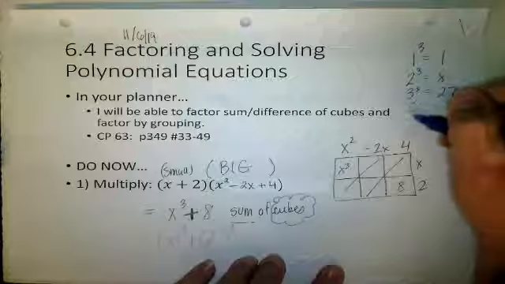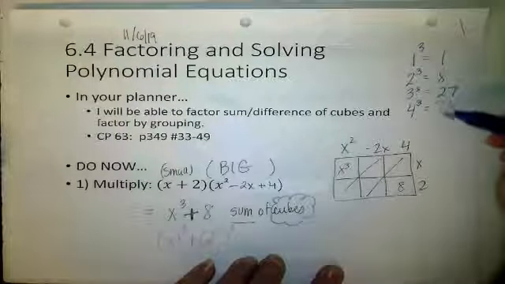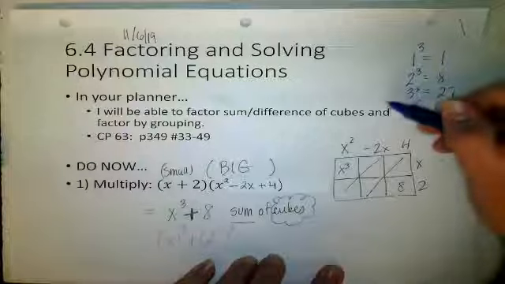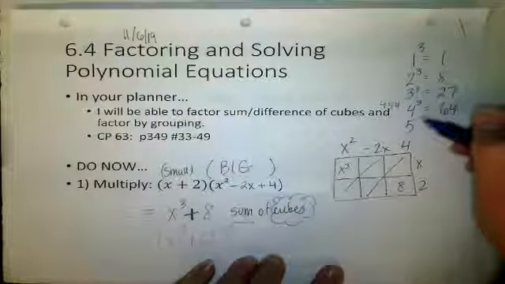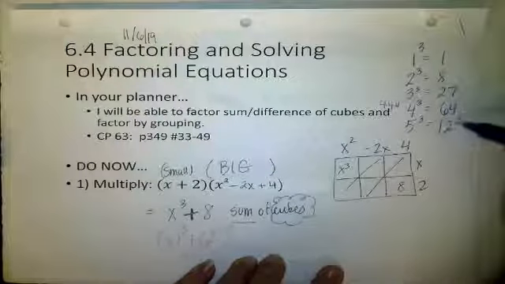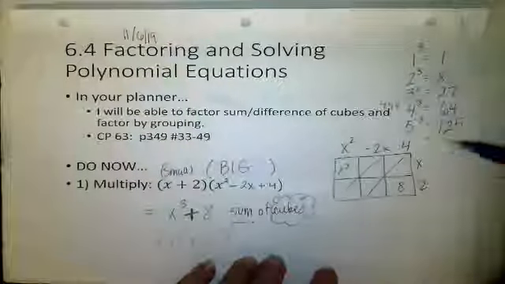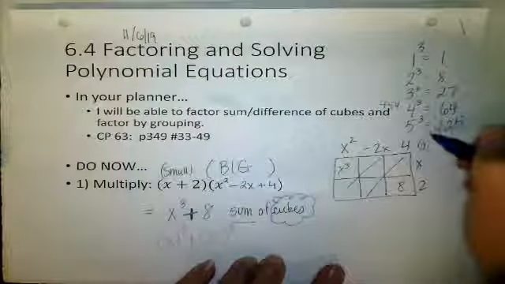And 4 cubed is 64. 4 times 4 times 4, 16 times 4 is 64. 5 cubed? 125. 5 times 5 is 25, times 5 is 125.